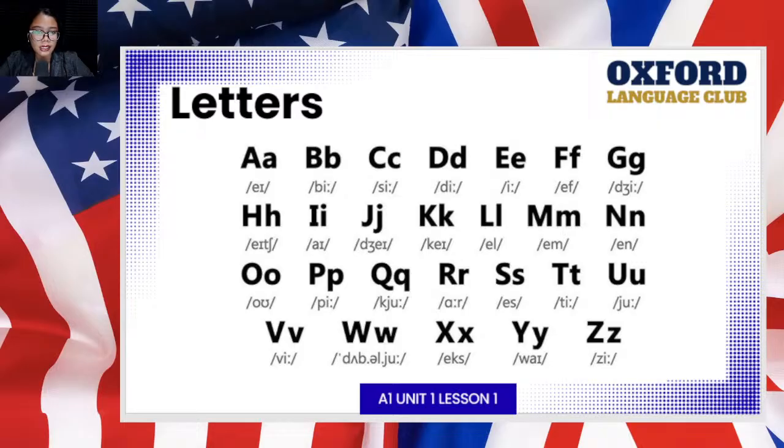A, B, C, D, E, F, G, H, I, J, K, L, M, N, O, P, Q, R, S, T, U, V, W, X, Y, and Z. Okay, now we've said all the letters.